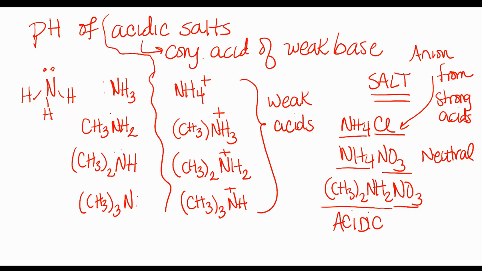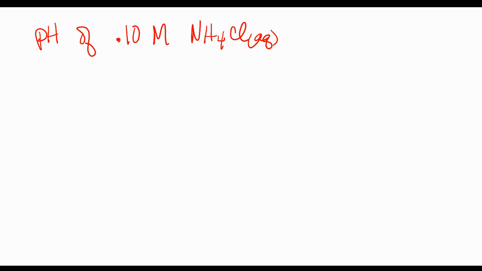Okay, so let's look at a pH calculation. We have the pH of 0.1 molar ammonium chloride.